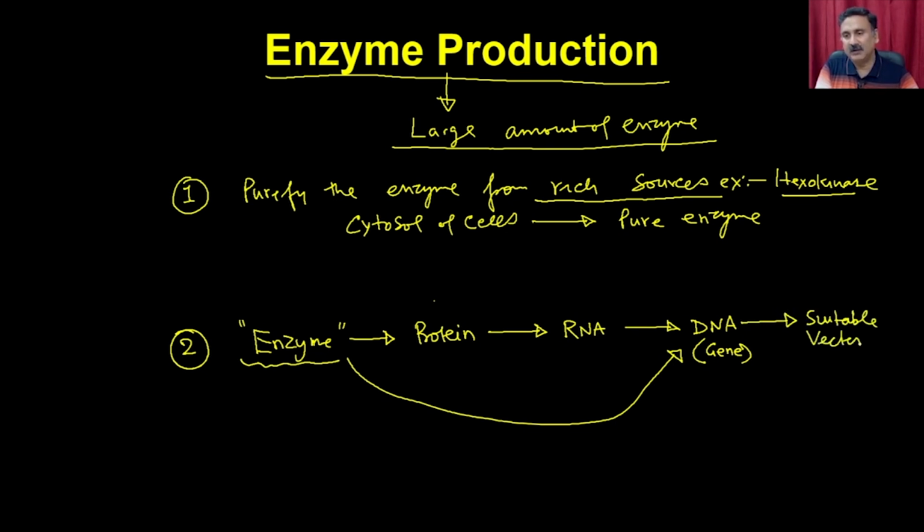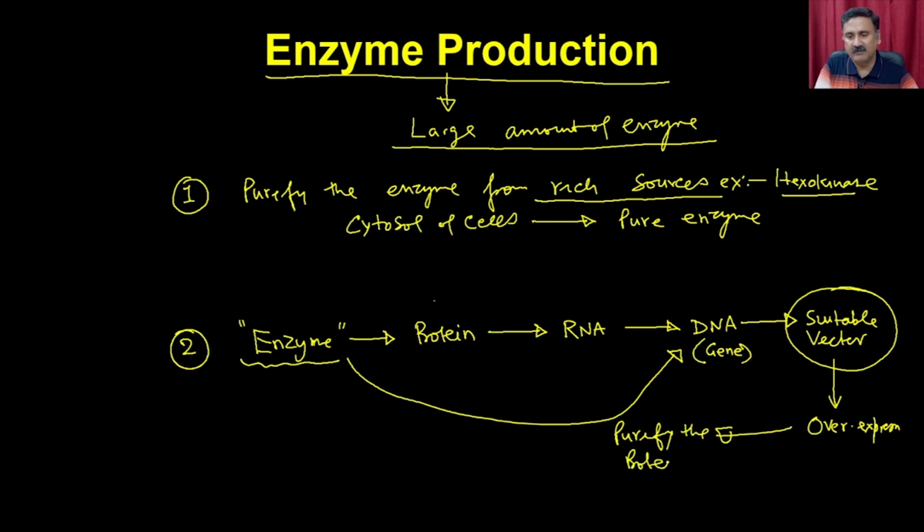and once I have the gene in the suitable vector, I can do the overexpression, and I can purify this protein with the help of conventional chromatography as well as specialized chromatography.